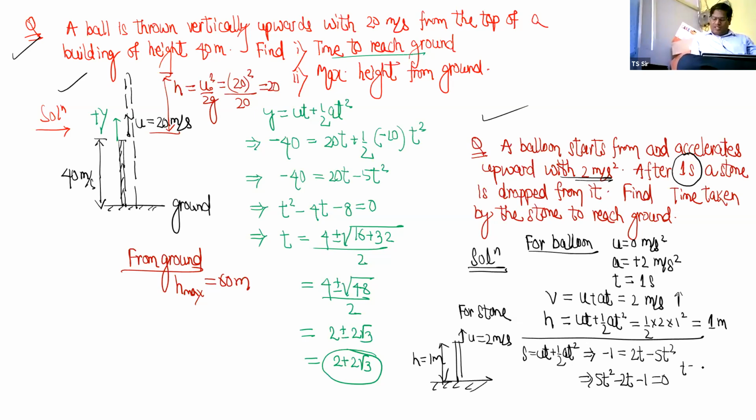So t equal to 2 plus minus root over of b square, that is 4 minus 4ac, plus 20, by 2 into 5. How much is that? 24. 24 means 4 into 6, 2 root 6. So 1 plus minus root 6. So the answer will be 1 plus root 6.